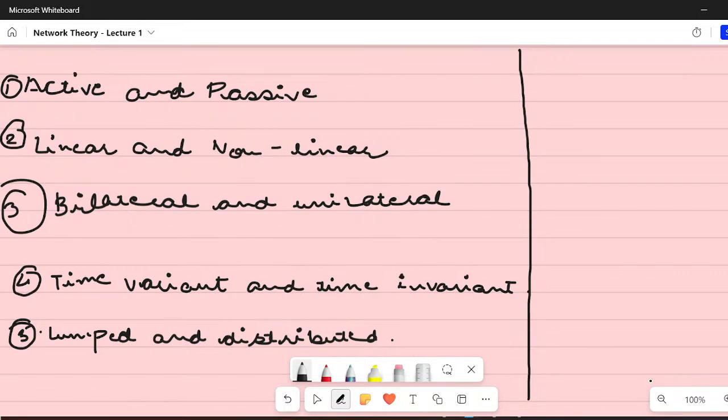So, beginning with what are active and passive elements. An element is said to be active if it is able to deliver energy to an external network to which it is connected, and in case it is not, then it would be a passive element. Let me give an example. What we understand with active elements would be anything which is capable of delivering. What would that be?